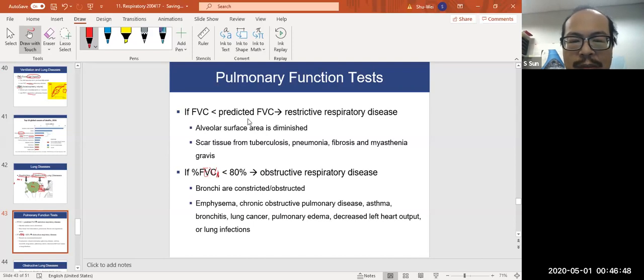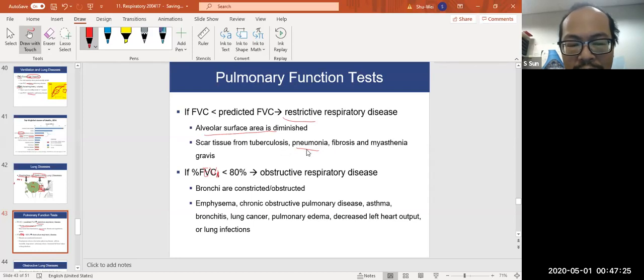An FVC smaller than the predicted FVC is a restrictive lung disease. Diminished alveolar surface area is one of the causes, or there could be scar tissue due to pneumonia and fibrosis.